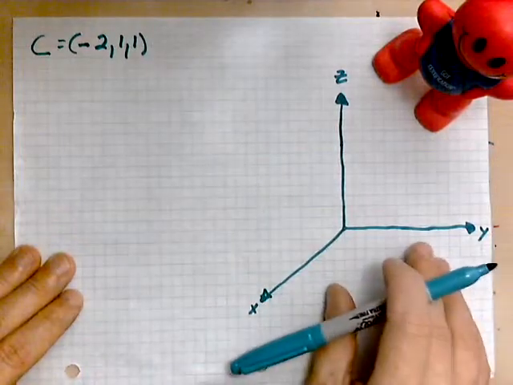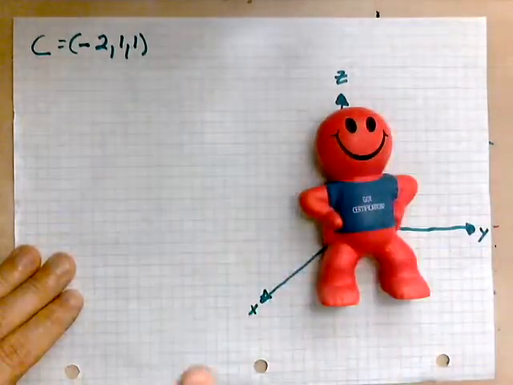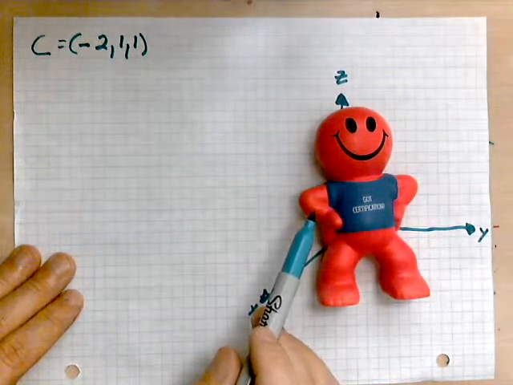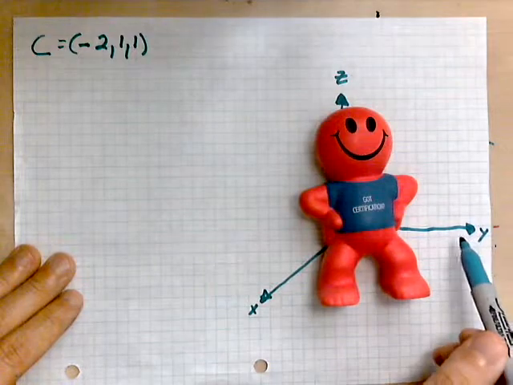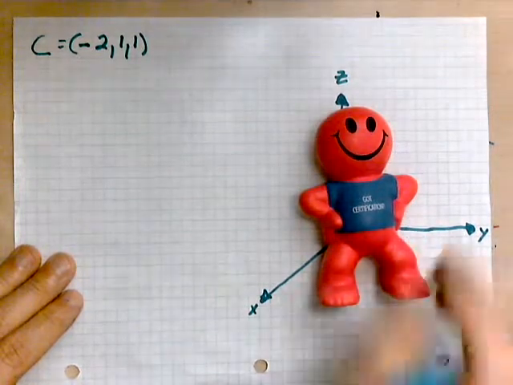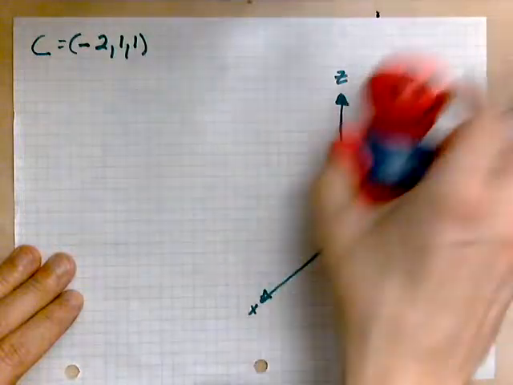So this is what we call a right-handed coordinate system, okay? Like this and like that.